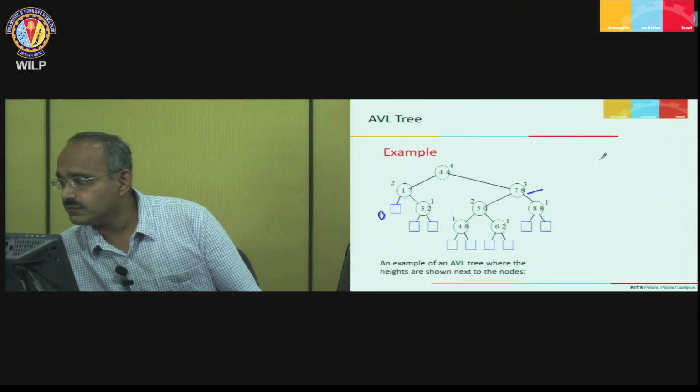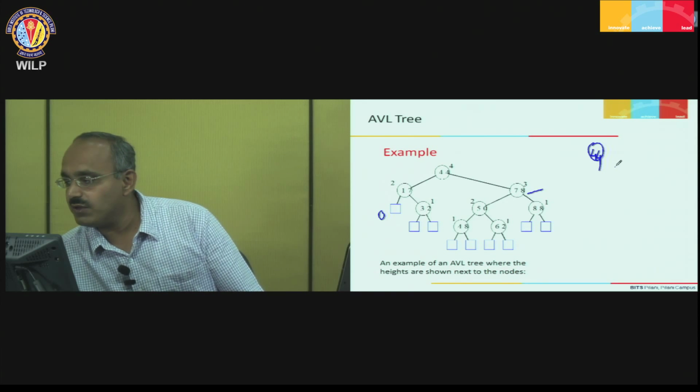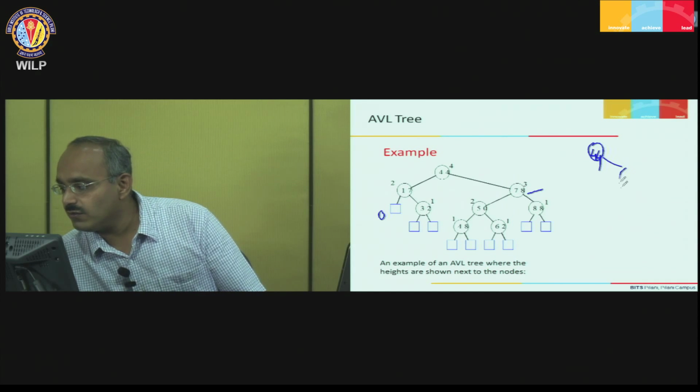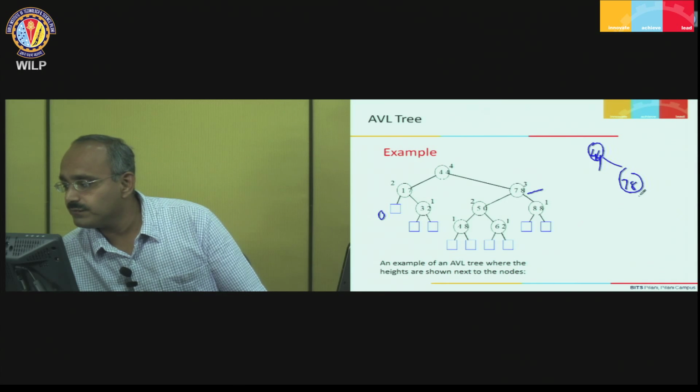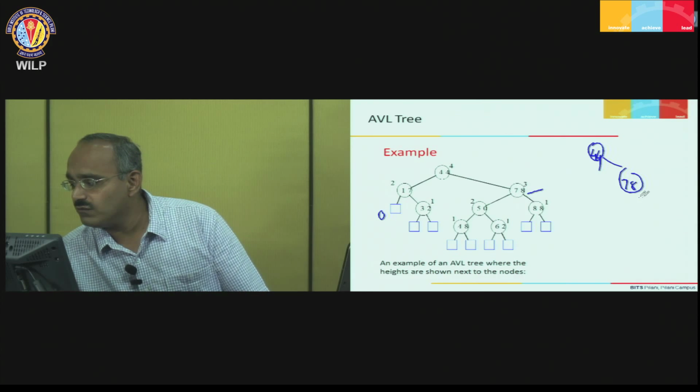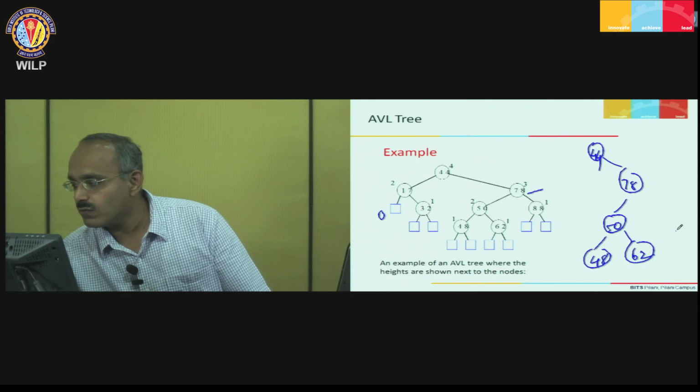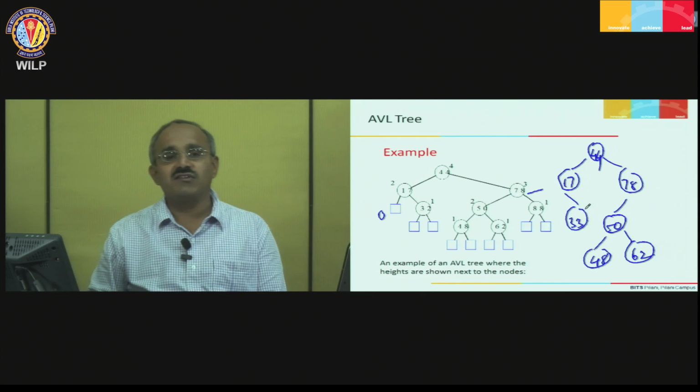You can have 44 the same key, and you can have 78, and if the key 88 was not there, correct. So, let us consider this tree.